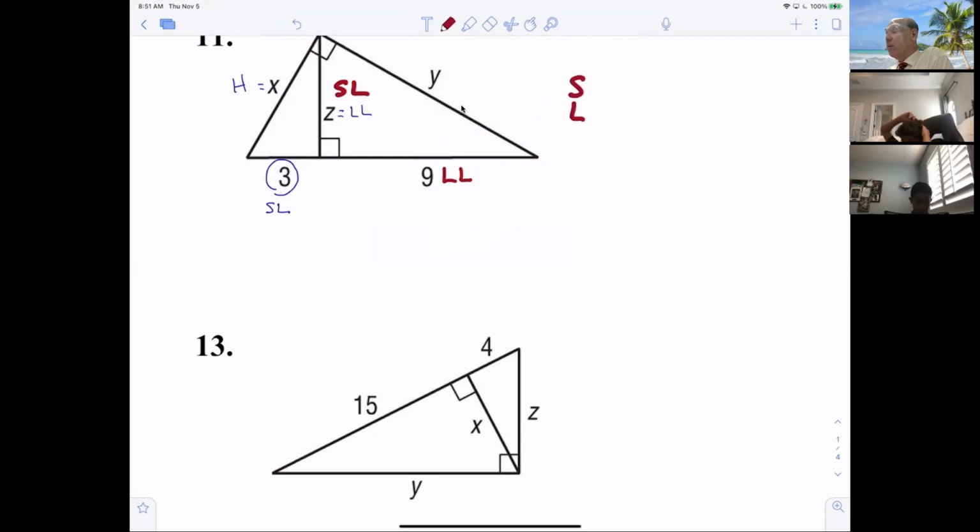So I have 3 over Z is equal to, 3 is the short leg, to long leg, it's going to be Z over 9. Everybody okay with that? And now, of course, we just look at that again and we say Z squared is equal to 3 times 9. Now, can Z be negative?